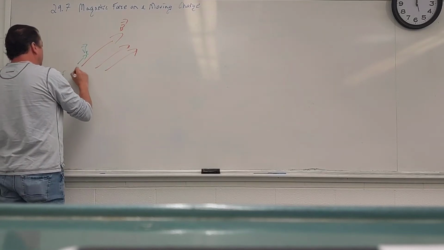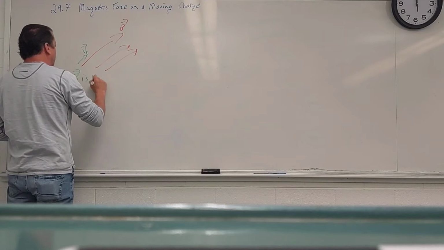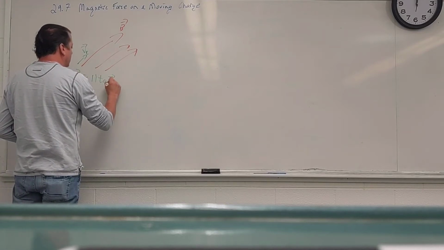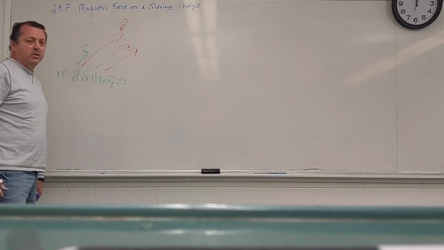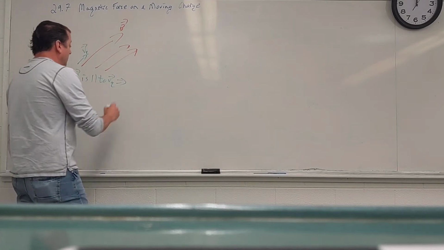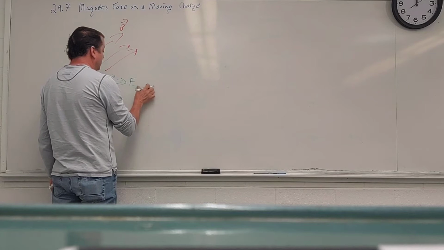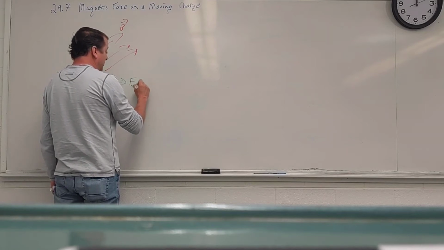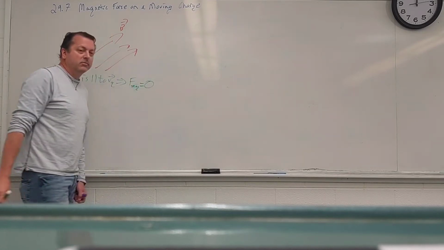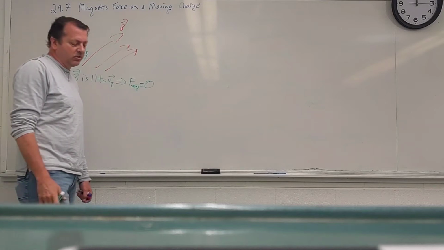If B is parallel to the velocity of your charge, what happens? The magnetic force, any force on it, any push, is zero. There's no effect.